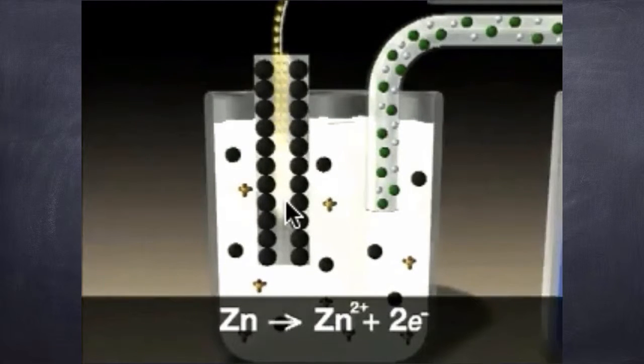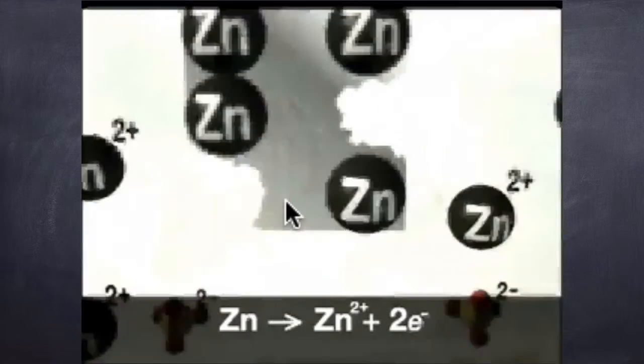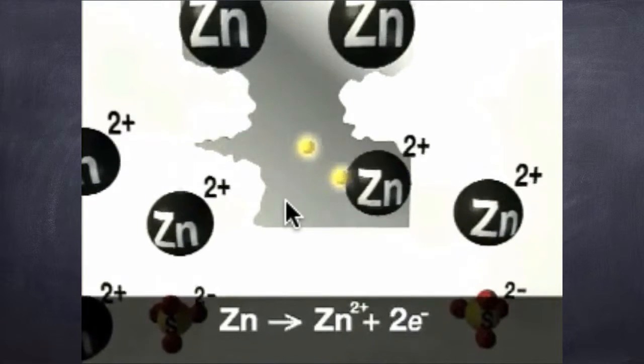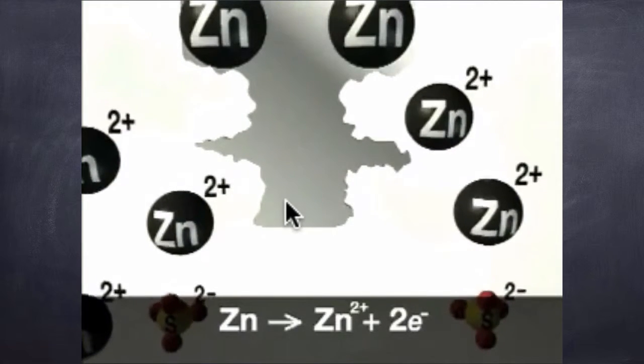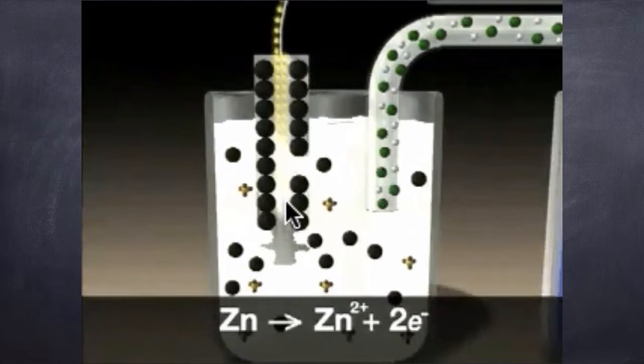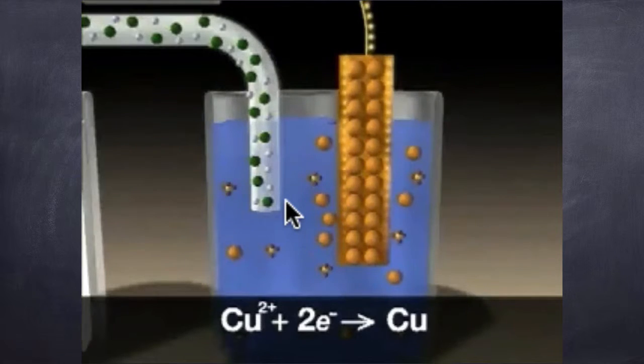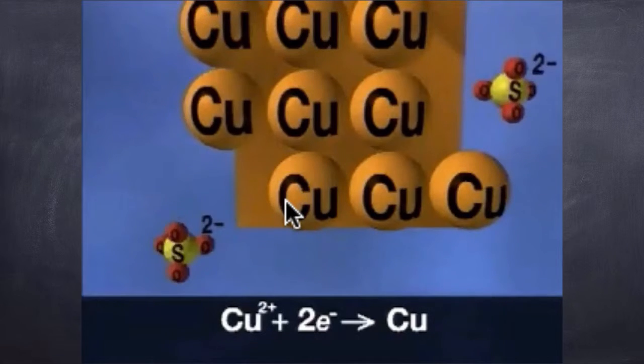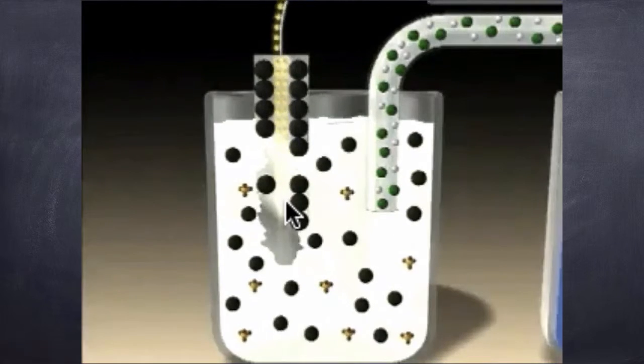Because zinc is a more active metal than copper, it is more likely to lose electrons. For this reason, the zinc bar is oxidized, producing a zinc ion and 2 electrons per zinc atom. The copper ions in solution gain 2 electrons and are reduced to copper metal. As the reaction continues, excess positive zinc ions build up in the zinc solution.